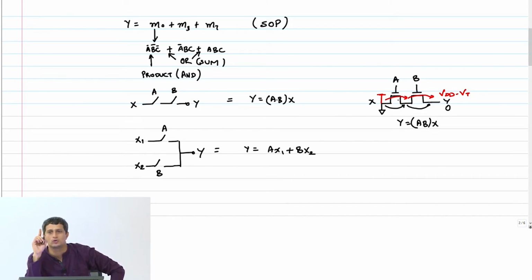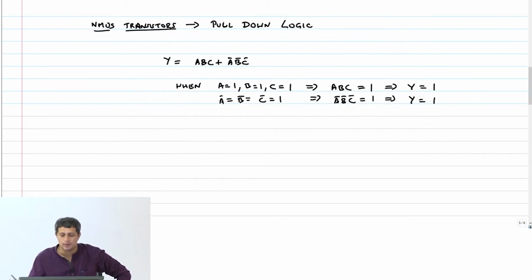When the input A goes high, the NMOS transistor will turn on and therefore the switch will turn on. The only problem is passing this logic 1 to the output when the switches turn on. So the SOP assumes that when any of these minterms go high, the output has to go high.